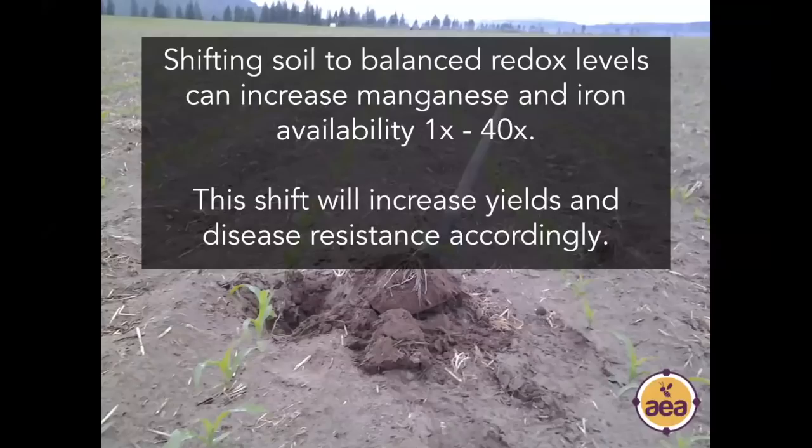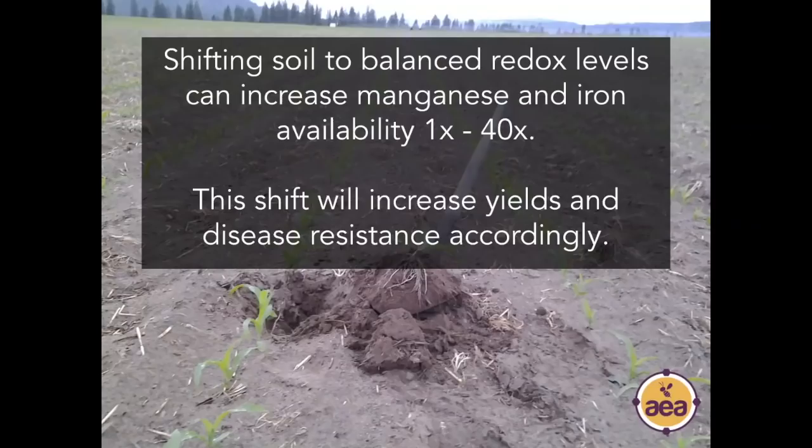And of course, I've described some of the effects of manganese and iron. I haven't really gone into detail on iron, but these are 2 of the trace mineral nutrients that have some of the most significant impacts on yield and disease resistance. Now, that statement is an interesting statement when you look at the mainstream agricultural landscape.